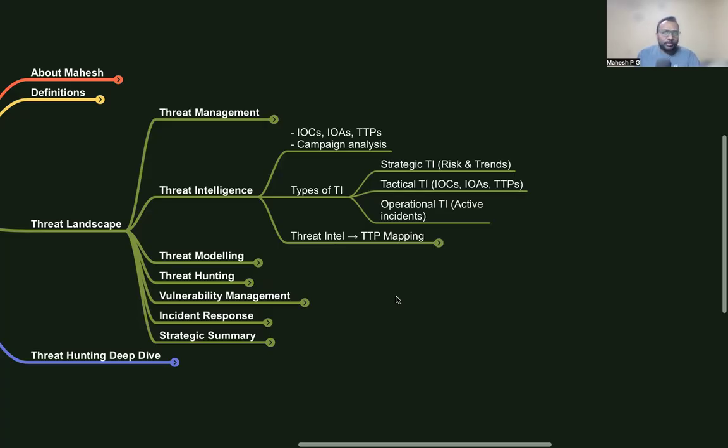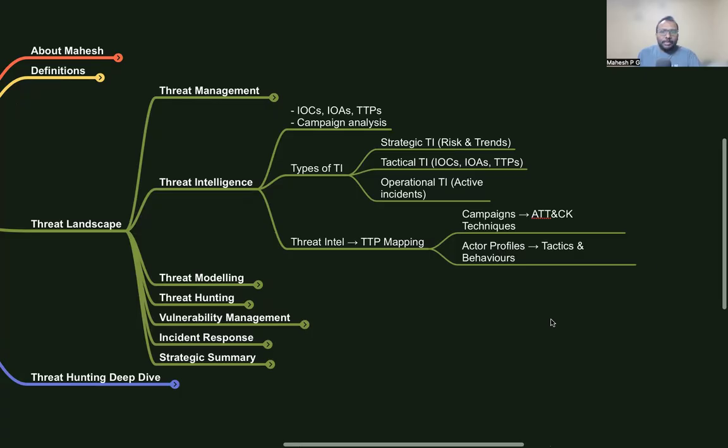When it comes to the operational, okay, we found that there is an indicator of attack in my infrastructure. What type of action do I take? That is where the operational comes into the picture. And threat intel TTP mapping, okay, we will always be mapping the threat intel with the MITRE framework.